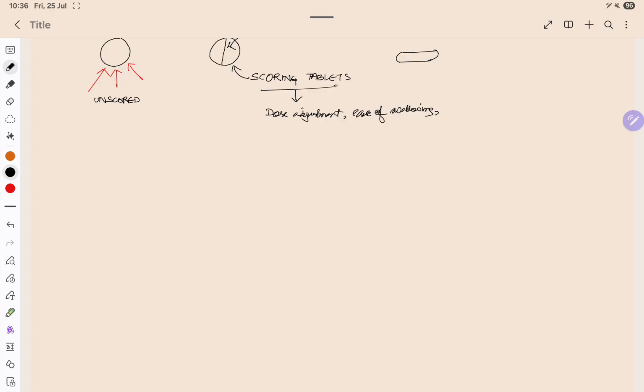And in some cases, suppose a doctor has prescribed you, let's say, metoprolol, which is a beta blocker, 12.5. So instead of purchasing this metoprolol 12.5, what we can do is purchase the 25 milligram tablet formulation and break it into two. This is cost effective.